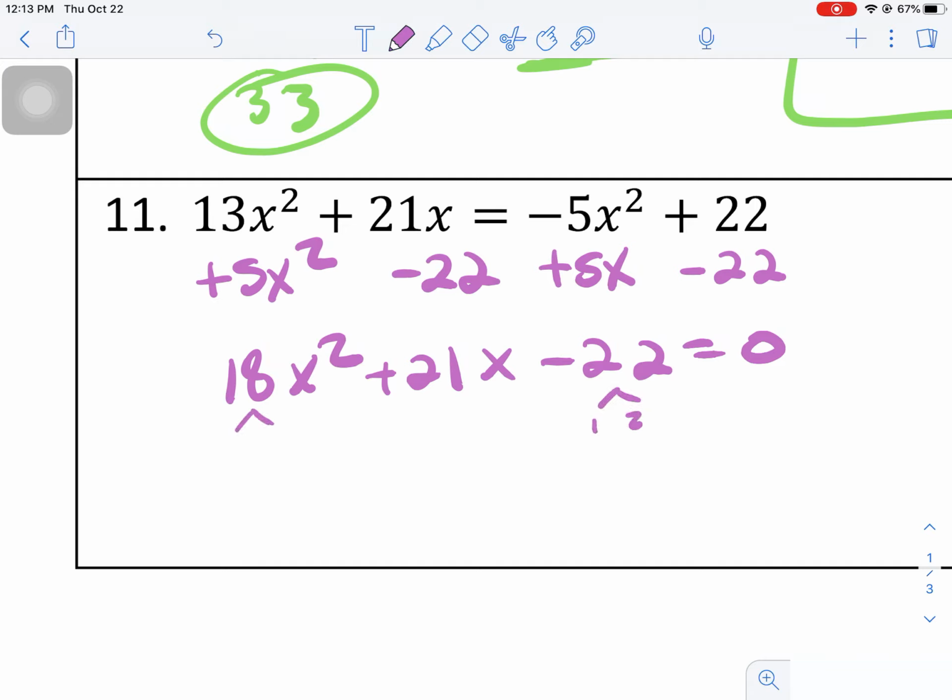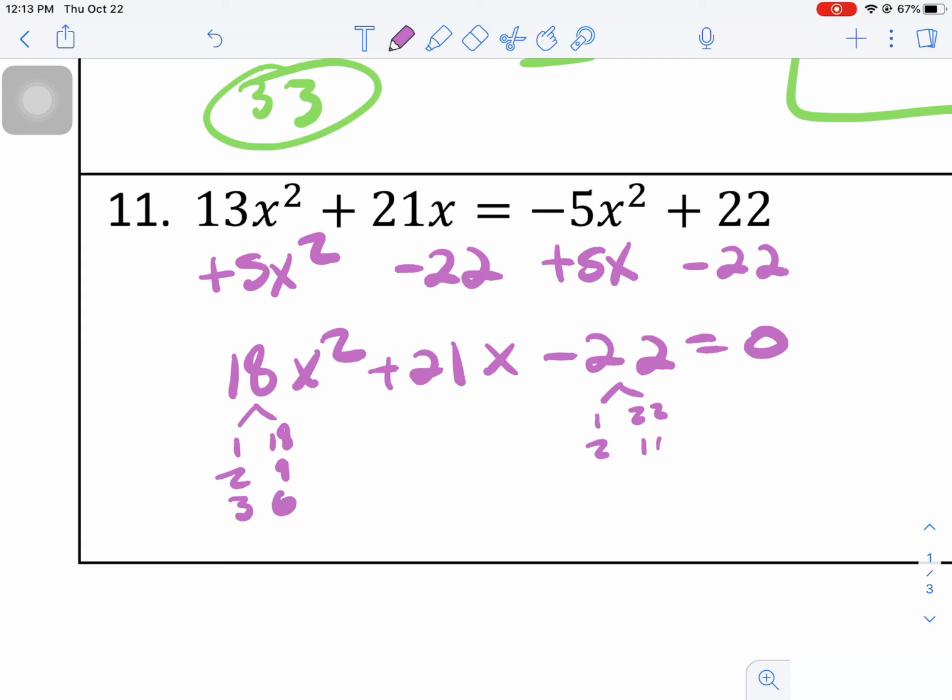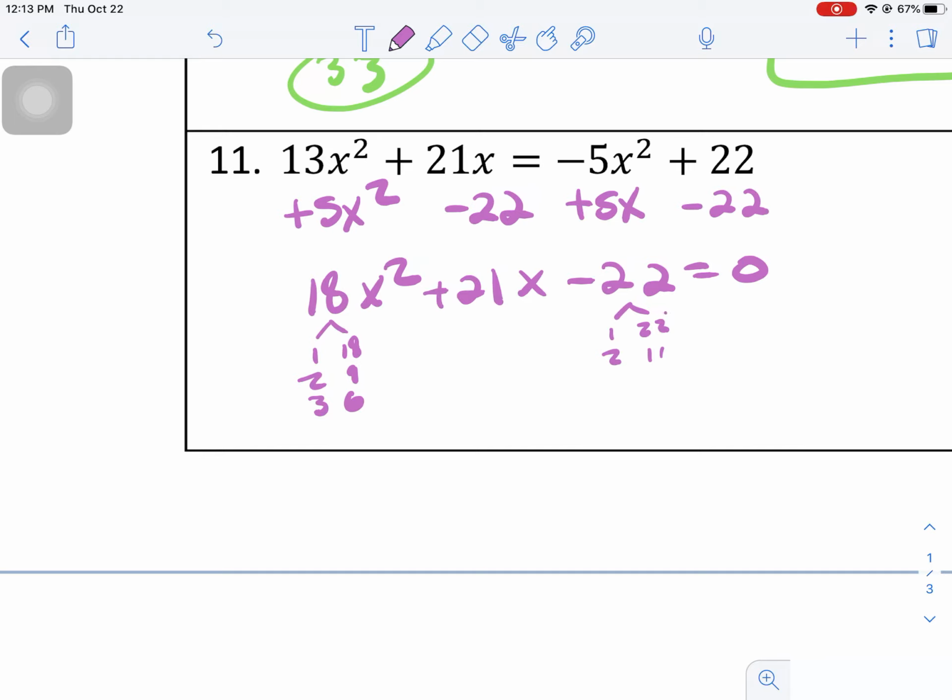We have 1 and 22, 2 and 11. In the front we have 1 and 18, 2 and 9, 3 and 6 are all of our options. We're going to be mismatching signs and we need a positive in the middle. So where am I going to lean? I'm thinking 1 and 22 might be too big, so let's start with 2 and 11.